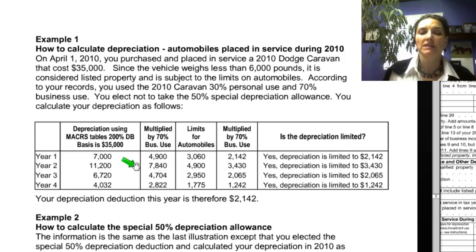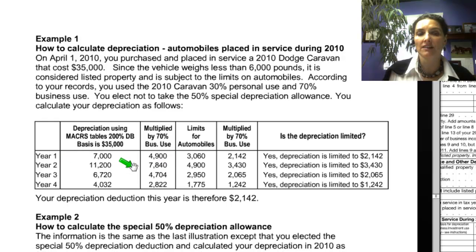We multiply that by 70% business use to get $7,840, but wait, we have to apply the limits on automobiles. That's not going to give us $11,200. It's not going to give us $7,840 either, and we're not even going to get the $4,900 because we're going to have to multiply $4,900 by 70% business use, and when we do that, we get $3,430. So is our deduction limited in the second year? Absolutely. Yes, it is.